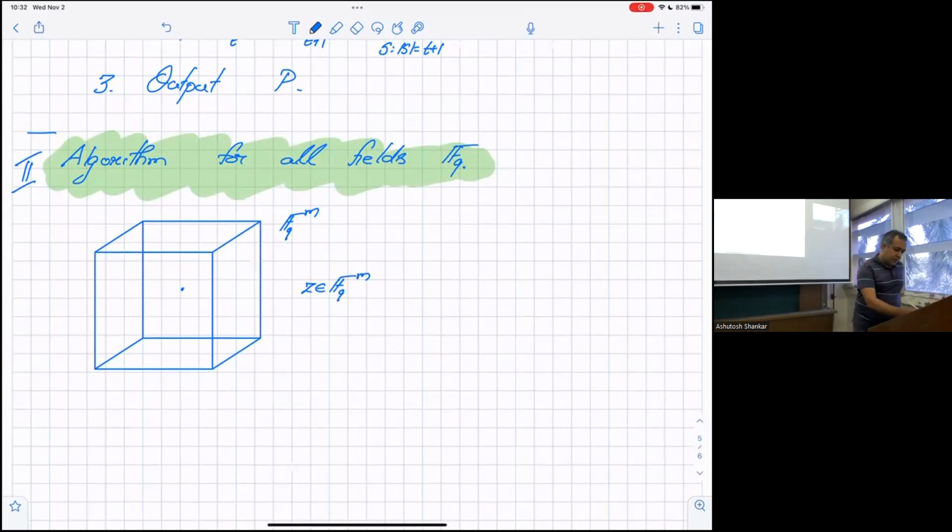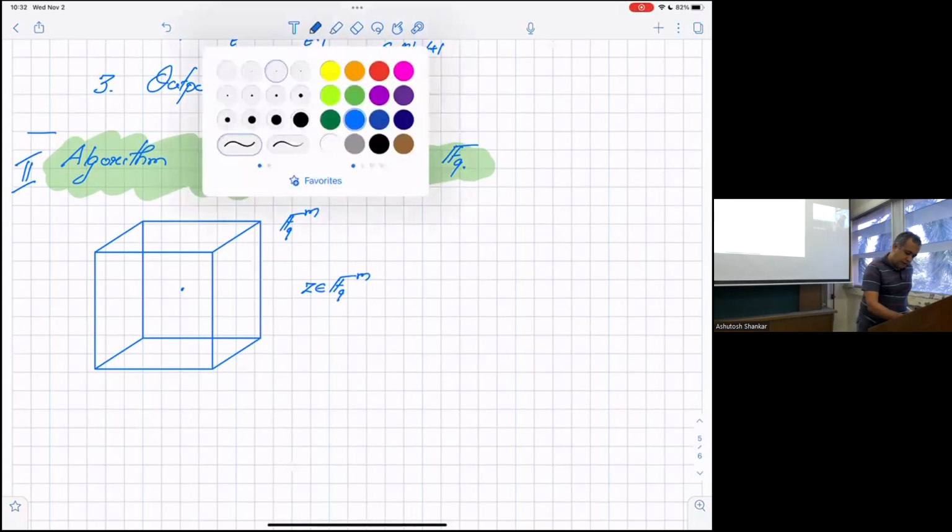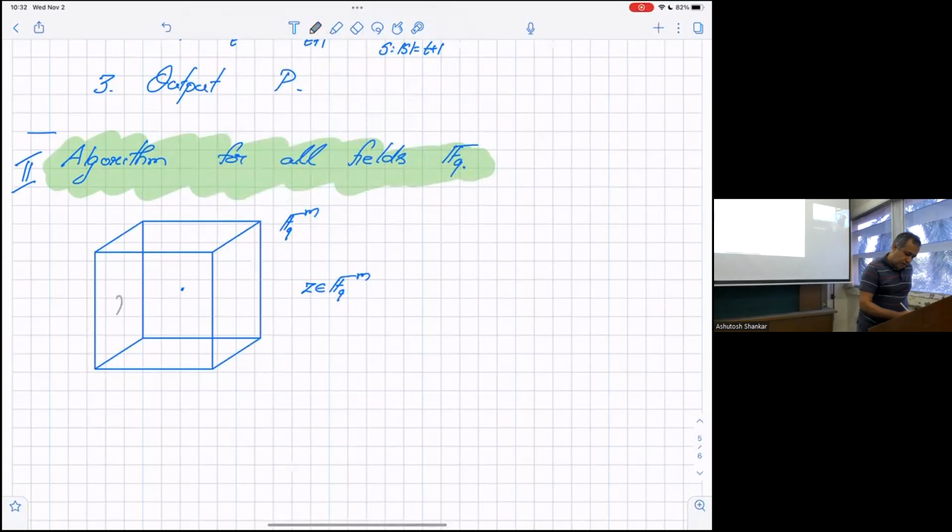And we also know that there's a small patch of corrupted locations. These are the locations where the evaluation of the polynomial differs from the function F that we've been given.